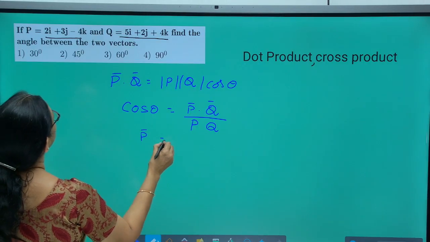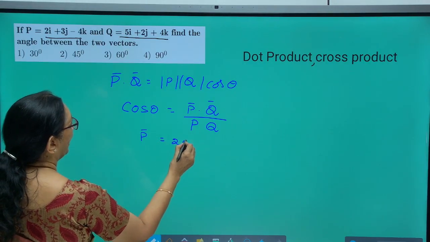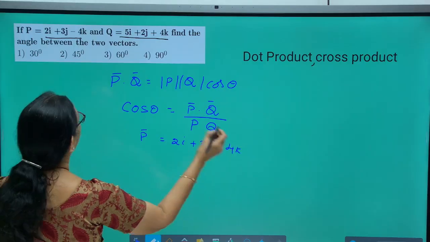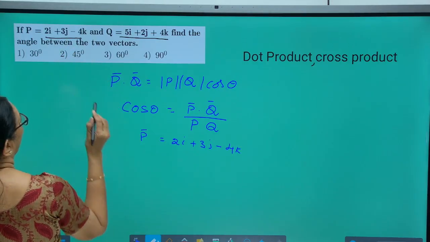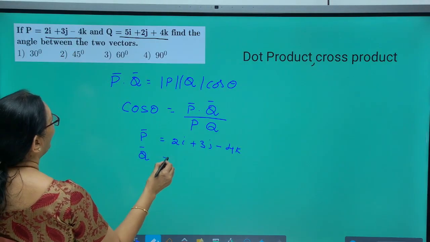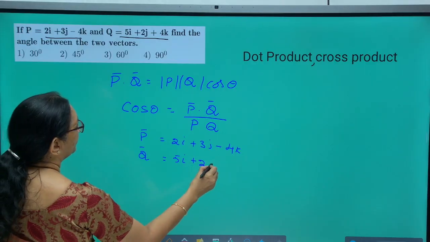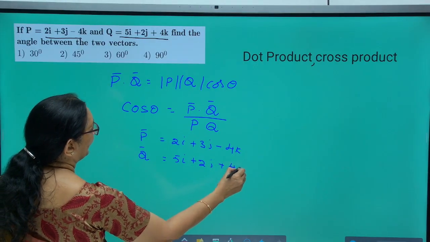P bar is given as 2i plus 3j minus 4k, and q bar is given as 5i plus 2j plus 4k.